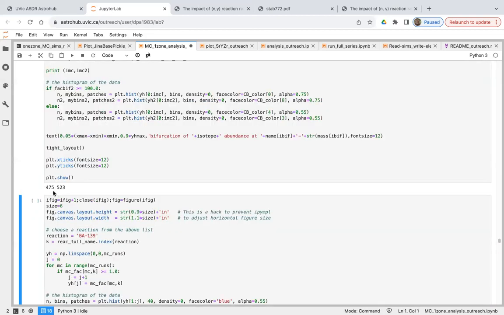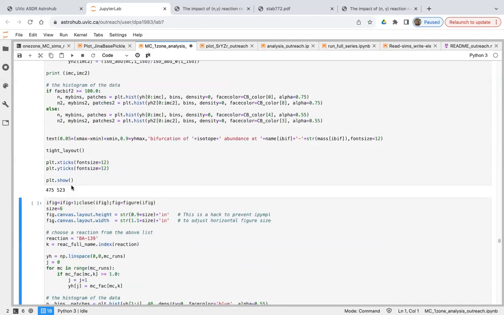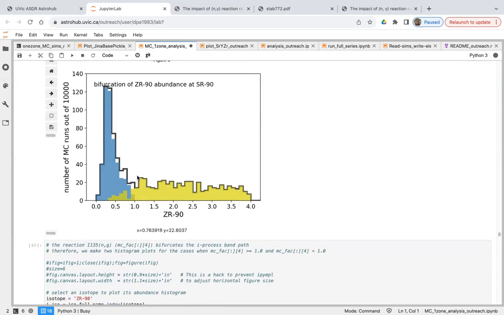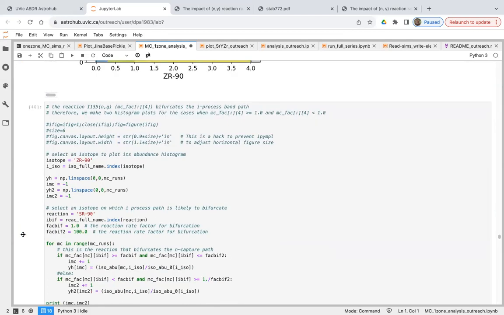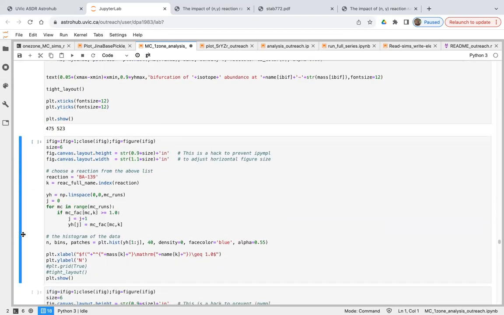You can see here it's divided into subsamples of 475 and 523. It's just a statistical difference. And indeed, as you can see here, again we see that this bifurcation was caused by the uncertainty of the reaction strontium-90. Okay, so now let's go further on.